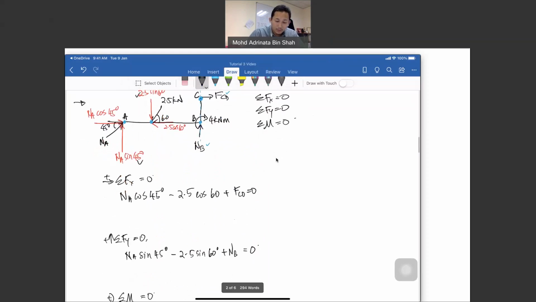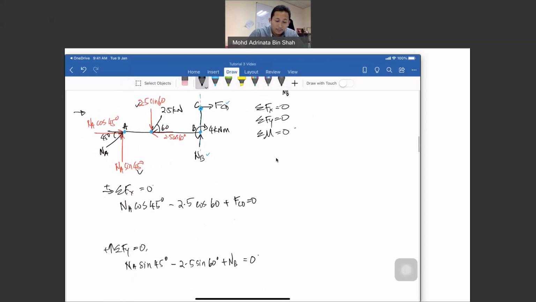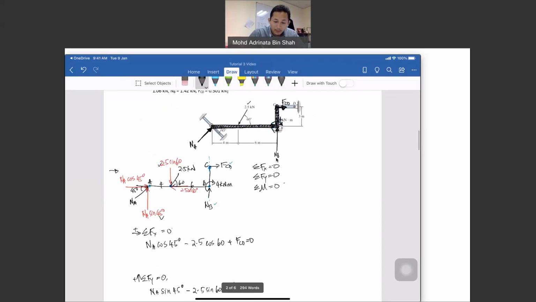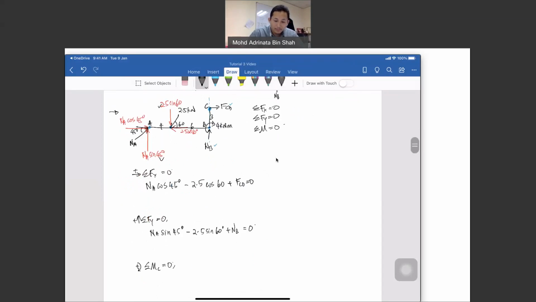Okay, so at C, sigma moment at C equals to 0. If you put at C, this one is 4 meter, 6 meter and 3 meter.